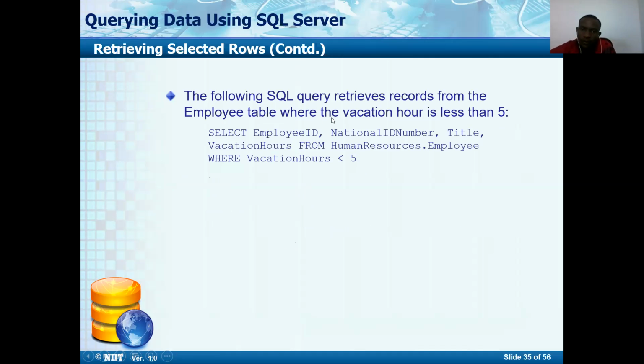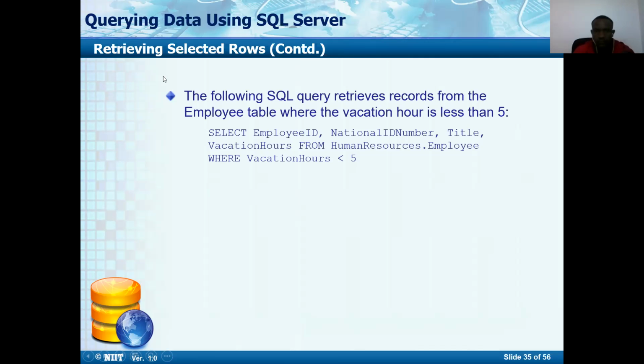The following SQL query retrieves records from the employee table where the vacation hours is less than 5. So we say select employee ID, national ID number, title, vacation hours. These are the columns we want to be included in the result set.